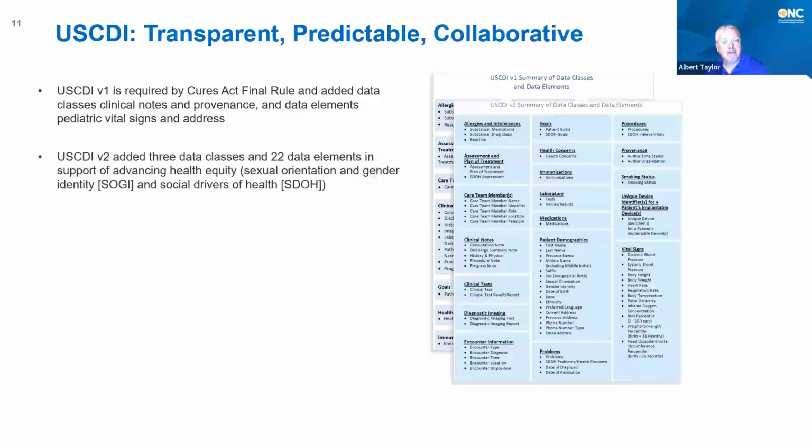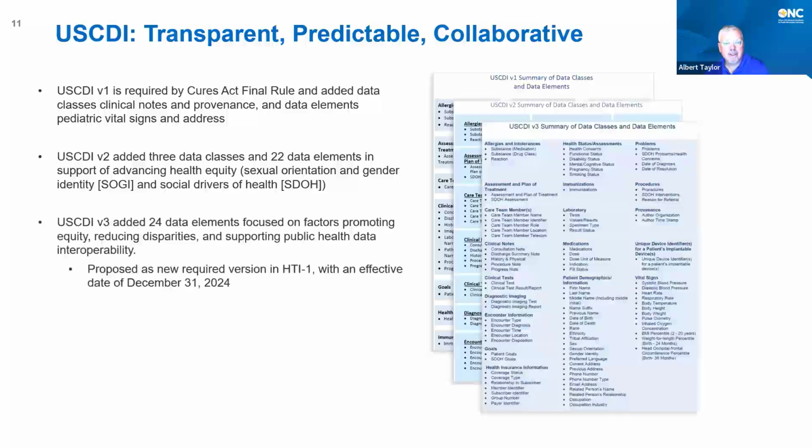It added some additional data elements, in particular expanding the availability of SDOH data and several key demographic components, including sexual orientation and gender identity. We also made other expansions in other areas as well, adding several data classes that did not have a footprint in the Common Clinical Data Set or USCDI version 1.